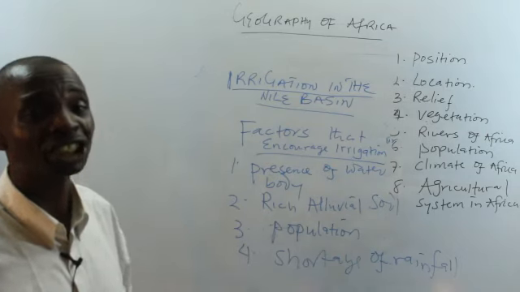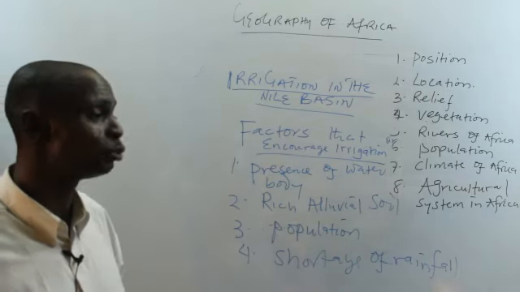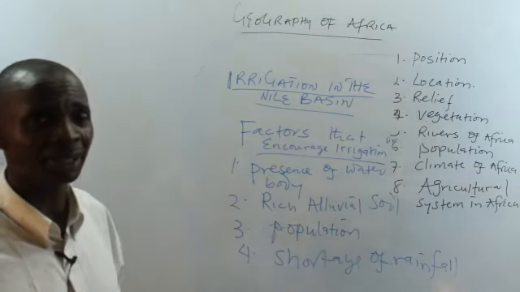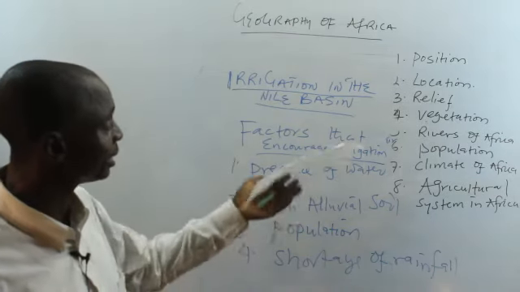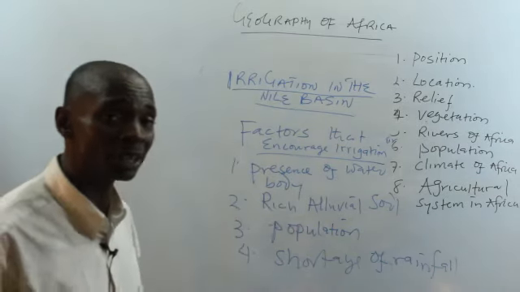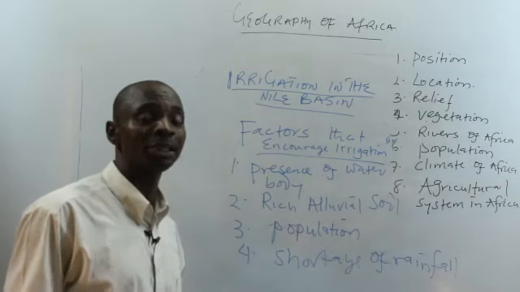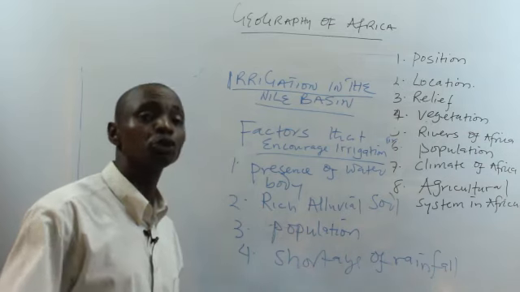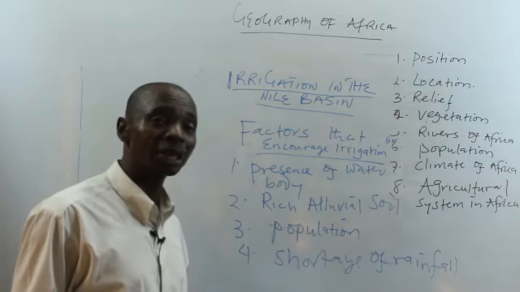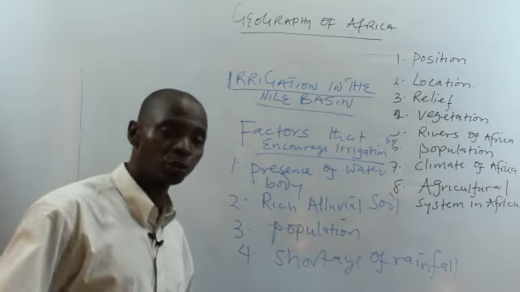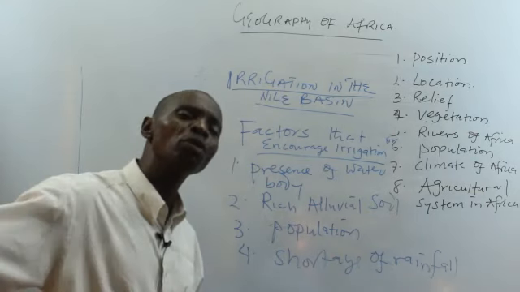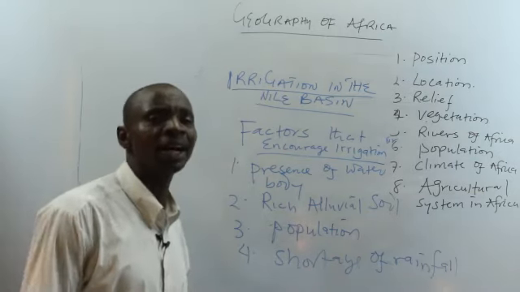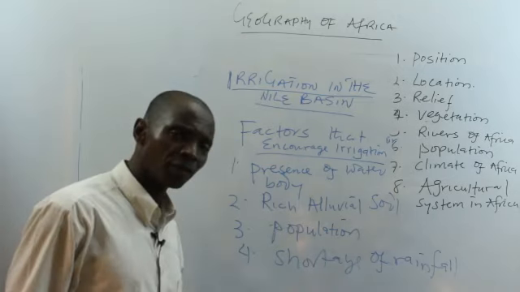Then we have shadow irrigation, a traditional means of irrigation practiced where modern means of irrigation is not available. The pump system of irrigation, where you use a pump to sprinkle. The bucket irrigation, where you use your local bucket to get water from the river and pour it on your farm.